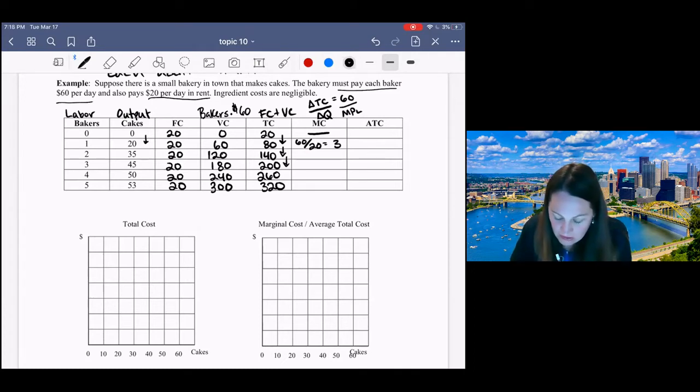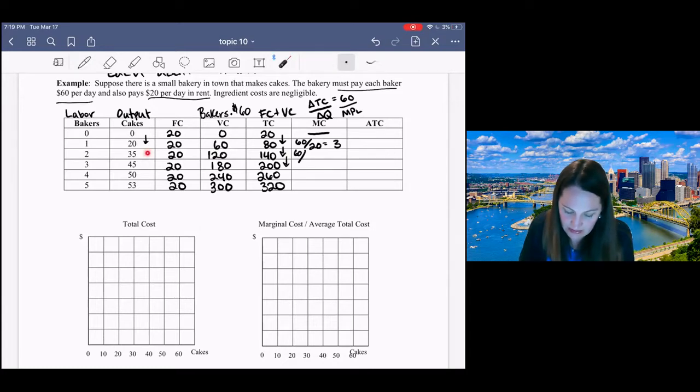Okay, so if I now think about going from 1 baker to 2 bakers, again, that's going to increase my cost from 80 to 140. That's $60 in the numerator. All right, and then the denominator is going to be the change in output.